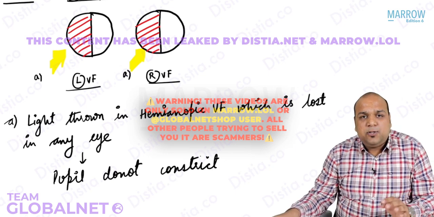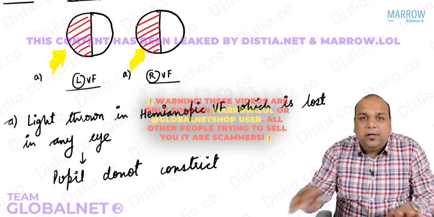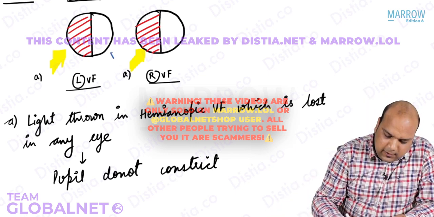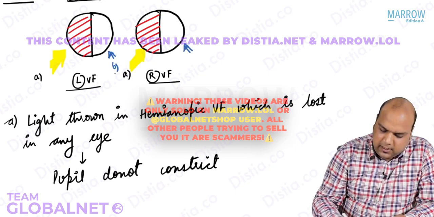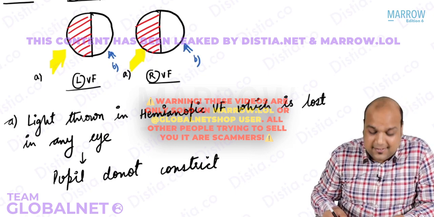Okay, everybody. So if I throw light on the left side in any of the eye, pupil will not constrict. But if I throw light here, or if I throw light here, I am terming it point B, then both the pupil will constrict.